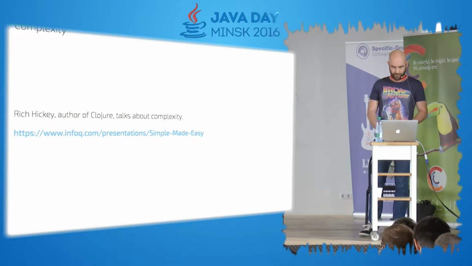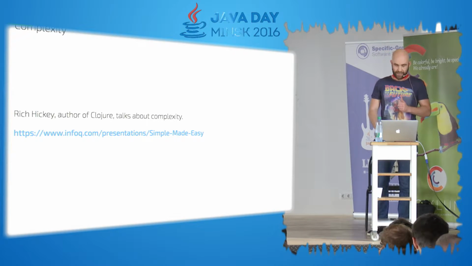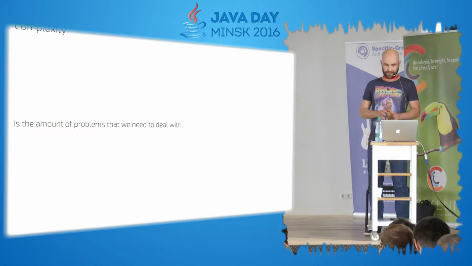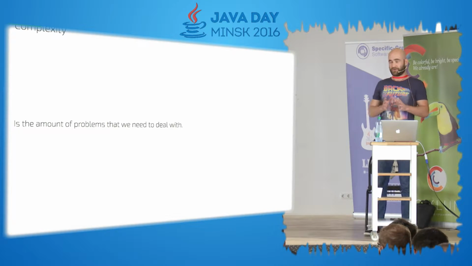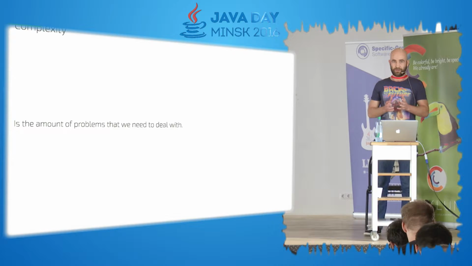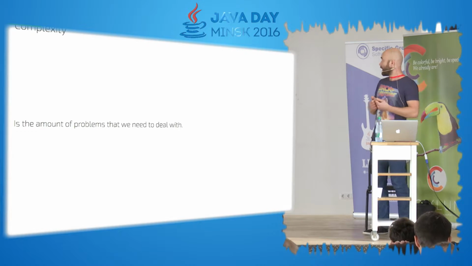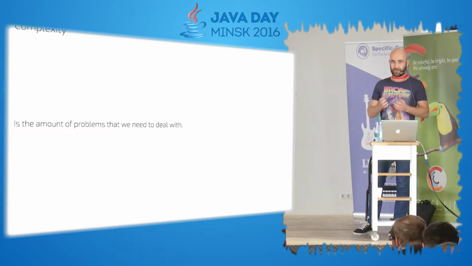One of the most important parts of his talks that I'm going to refer to is the problem of complexity. By his definition, we could simplify it. The complexity is the amount of problems that we have in our programs which are intertwined, which are twisted together, coupled, if you say so, which we cannot review in isolation.